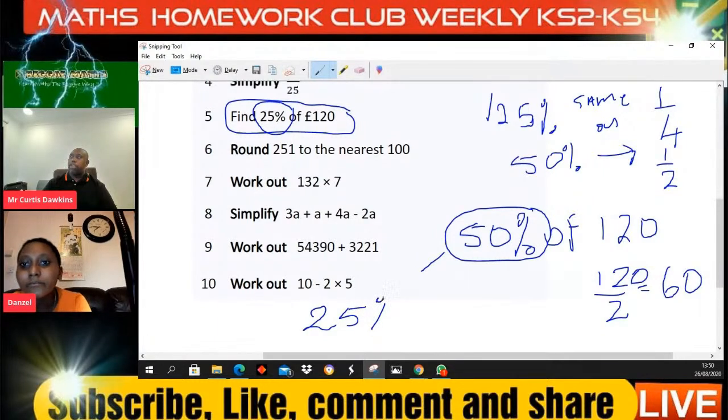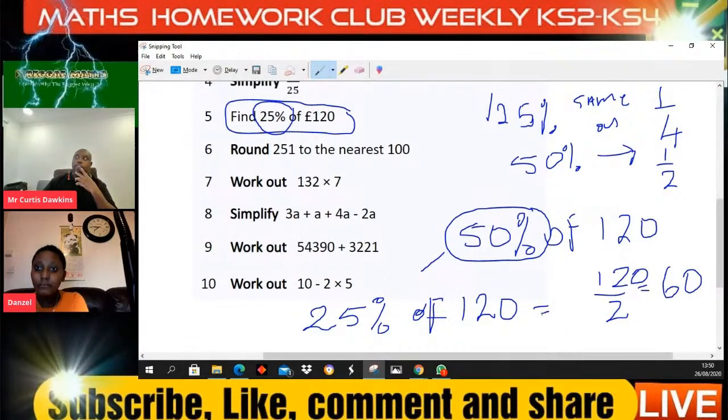So 25% of 120 is going to be half of 50%. So what's half of 60?